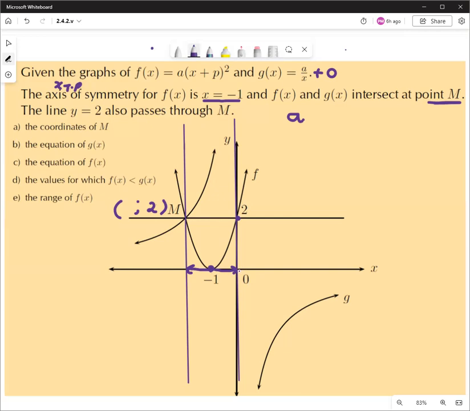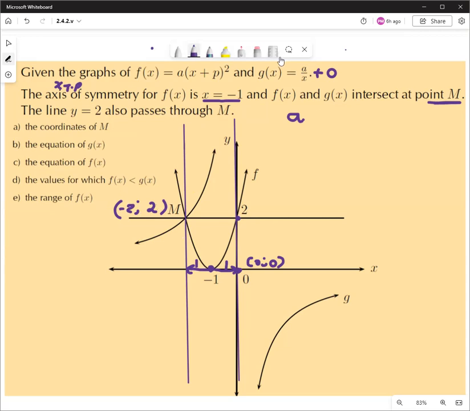And then I see that this point here is basically the origin, which is 0 and 0. So from -1 to 0, I moved 1 unit, right? So I moved 1 unit that side. It means I must also move 1 unit this side. So from -1, if I subtract 1 here, I'm going to get -2, right? Which means my point M is -2 and 2.